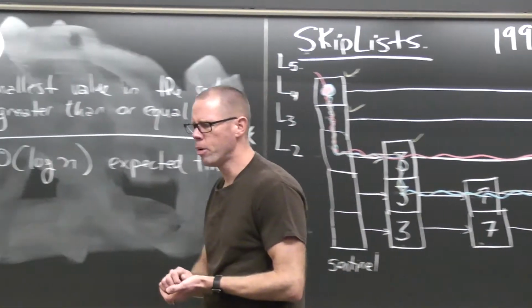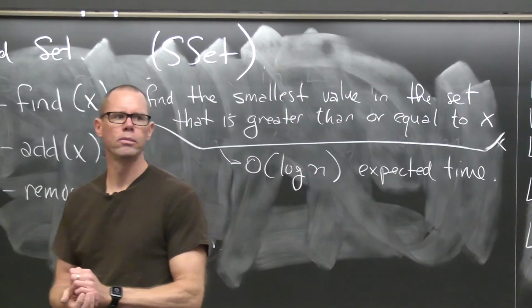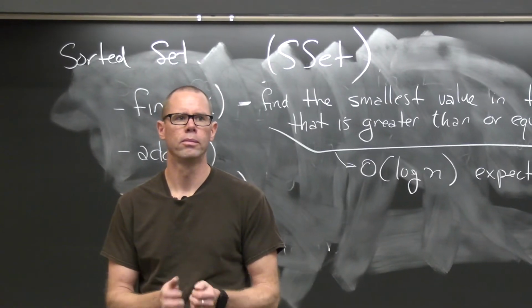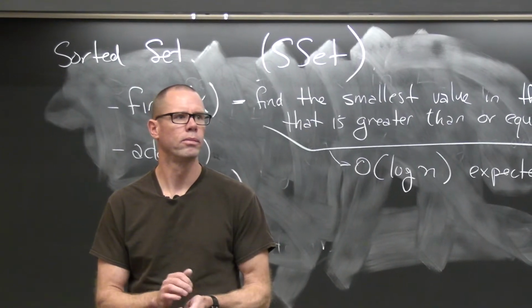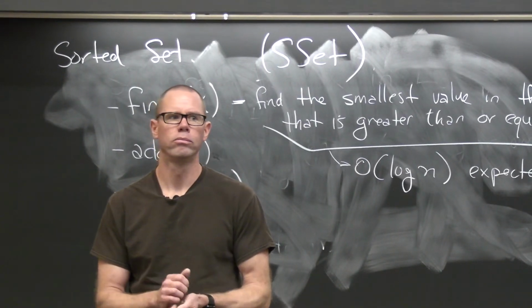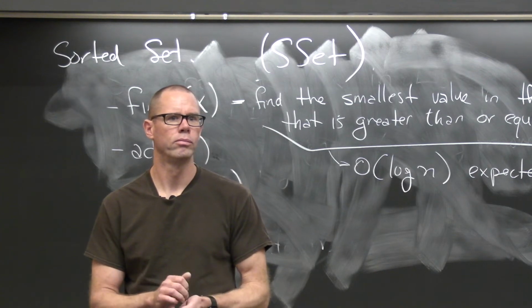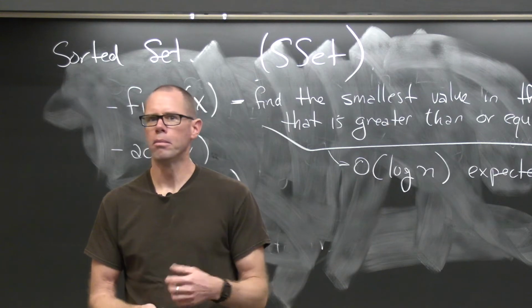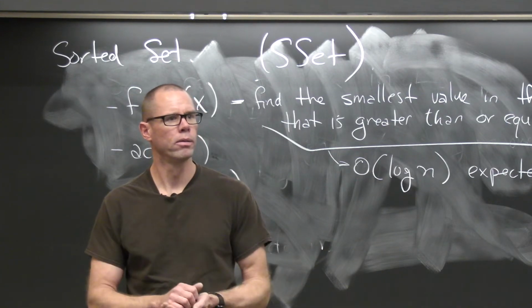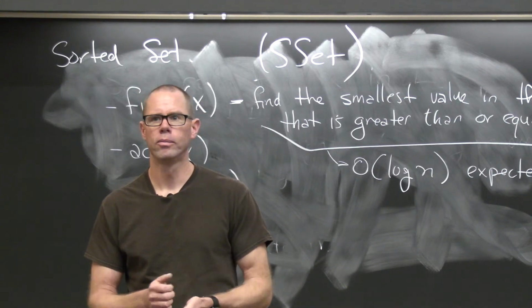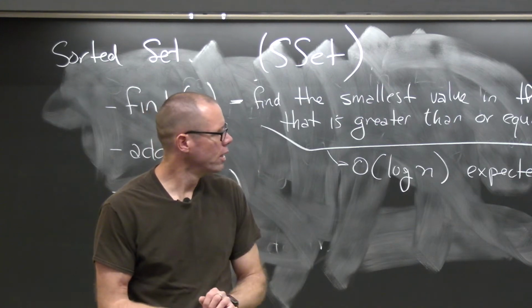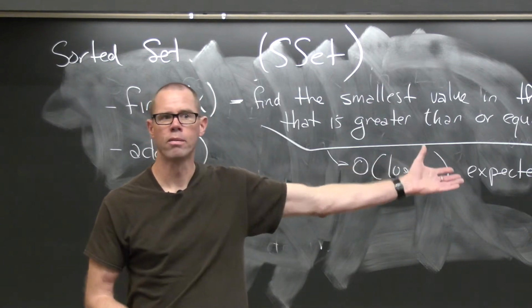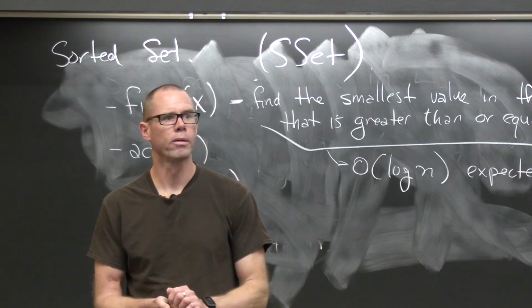Is there any reason that it would be different? So who thinks that something weird happened here? That maybe this list is different than a skip list built the other way?